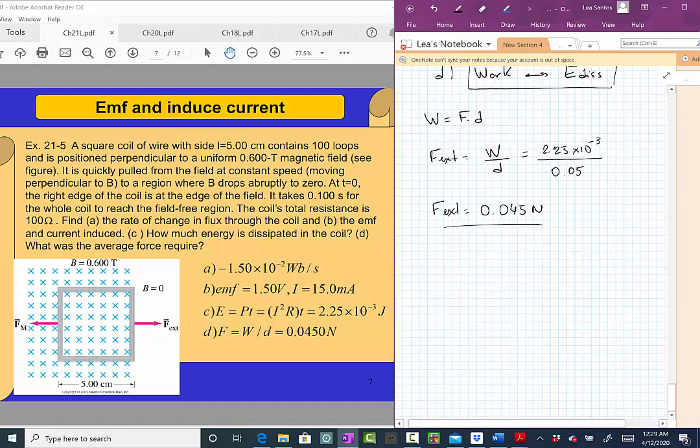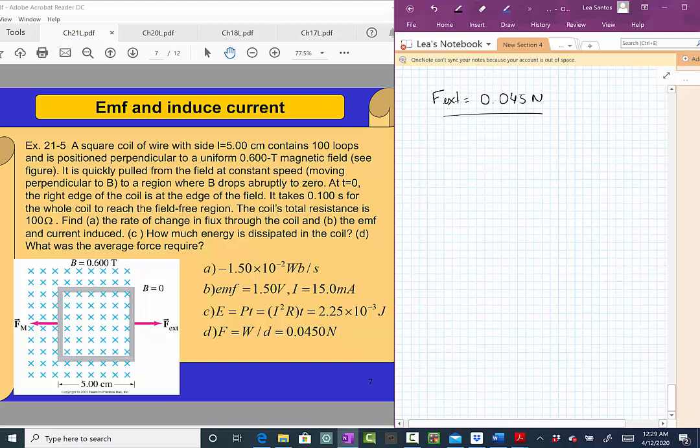So let's discuss that. Okay, so how I would solve this problem D. As we move this coil, the loop, from the region with magnetic field, so here we are in the region with magnetic field. As we move it, let me make the same drawing again.